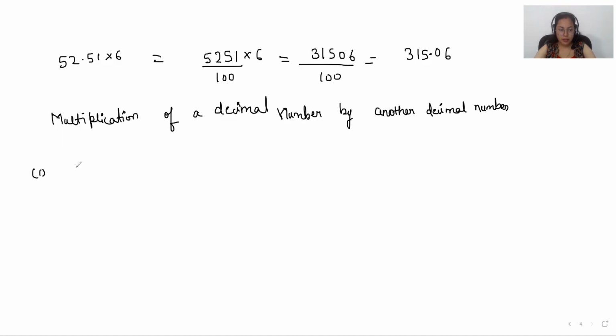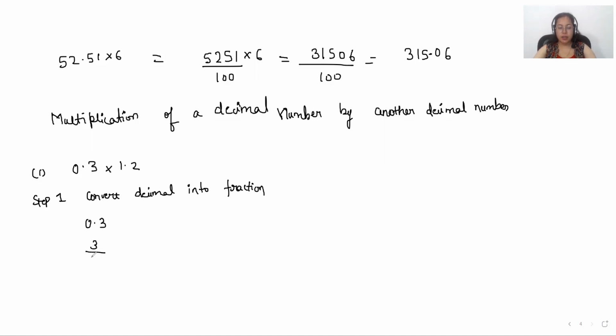Let's take the example 0.3 multiply 1.2. Our first step in this type of question is to convert the decimal into a fraction. 0.3, how can we write it as a fraction?